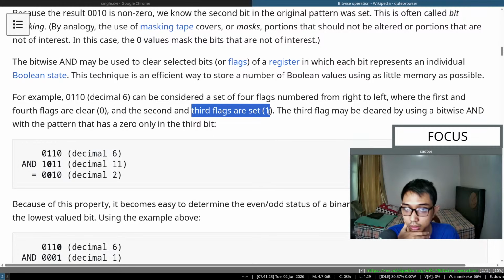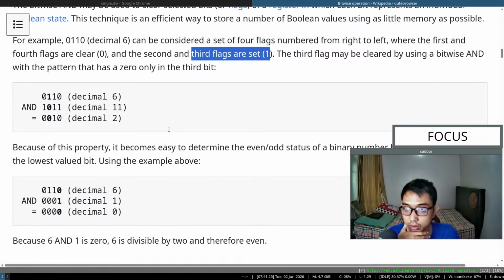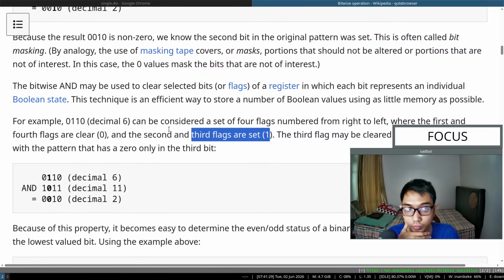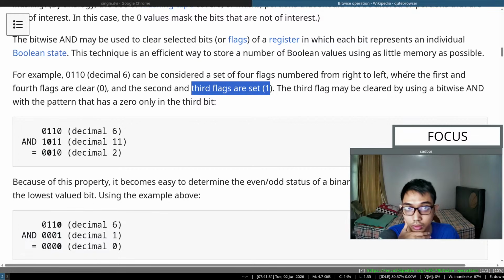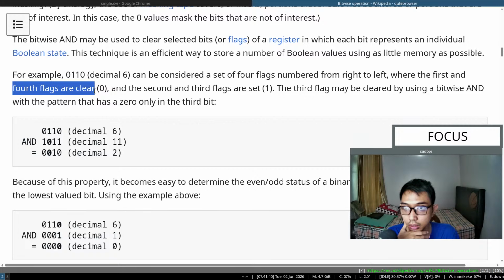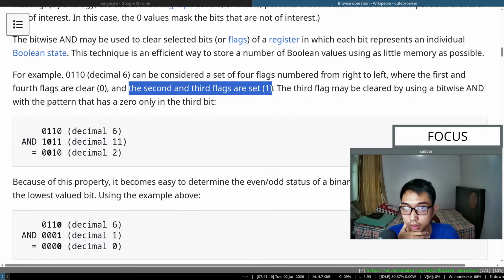Second and third flag are set, with the first and fourth flag clear, 0, and the second and third flag are set.